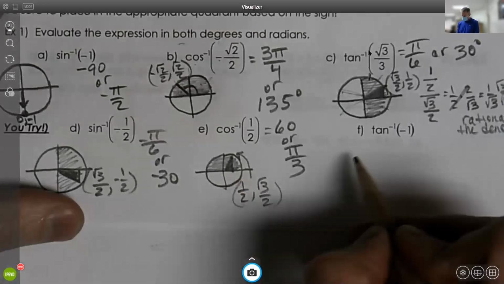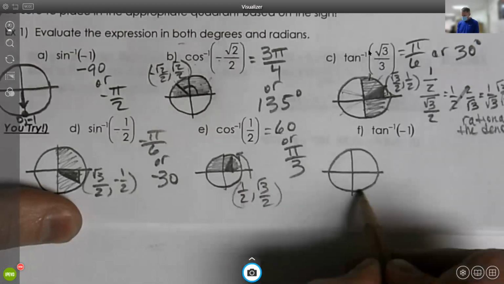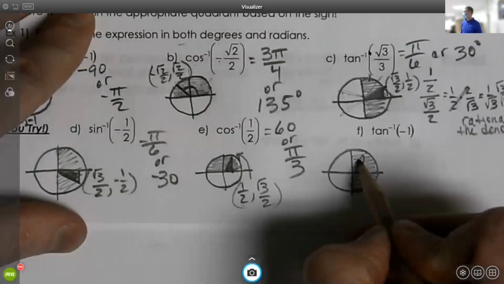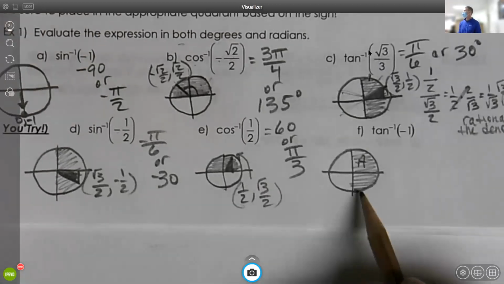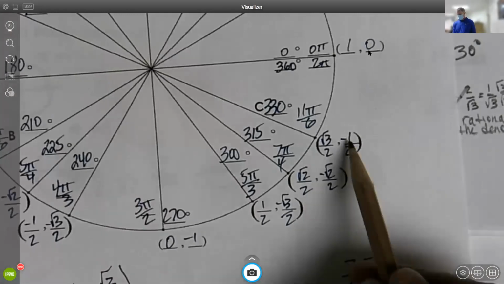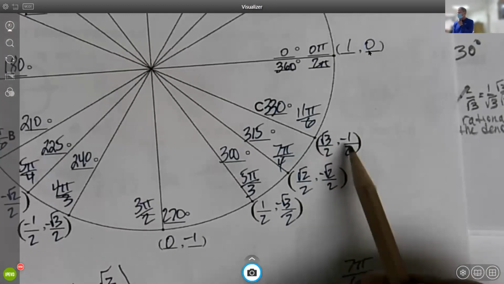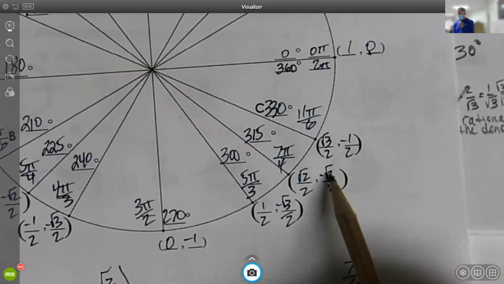Tangent is -1. Well, tangent only looks in these two quadrants. I know that all the terms are positive in the first one, so that must not be it. So it must be down here. And I think about what my coordinates would be. Oh, √2/2 and √2/2.